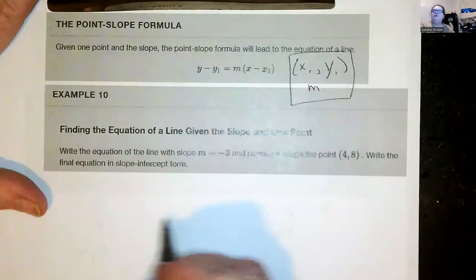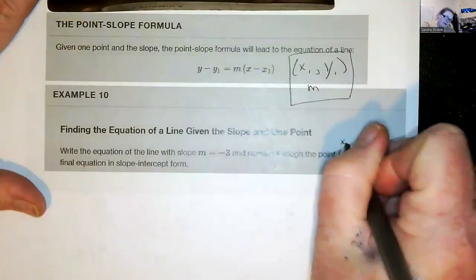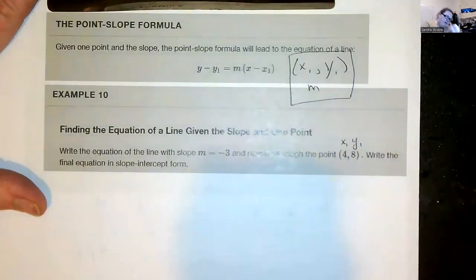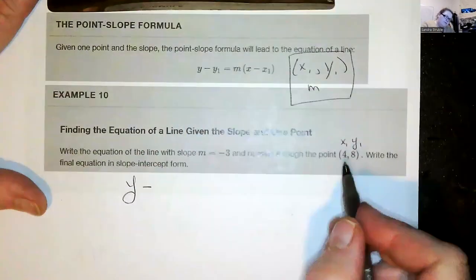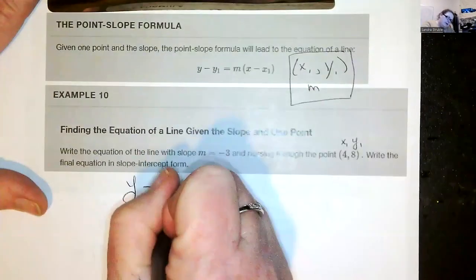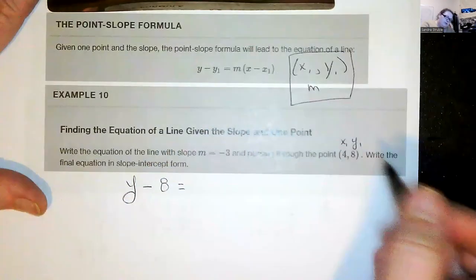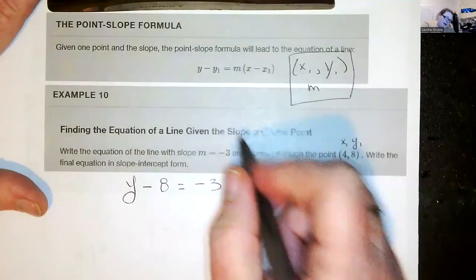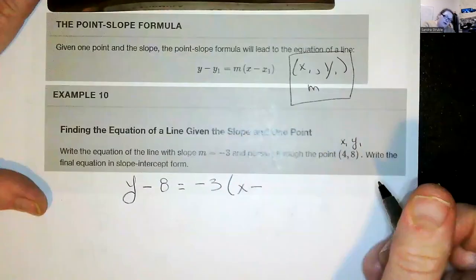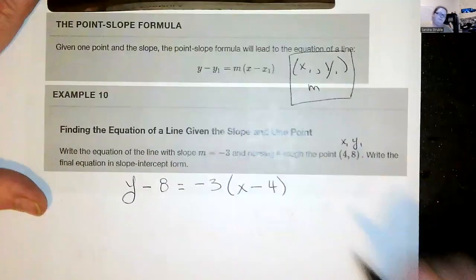Okay, so that's what they're giving us. And I'm going to go ahead and label this x1, y1. All right, so y minus y sub 1, which is 8, equals the slope, -3, times x minus x sub 1, which is 4.